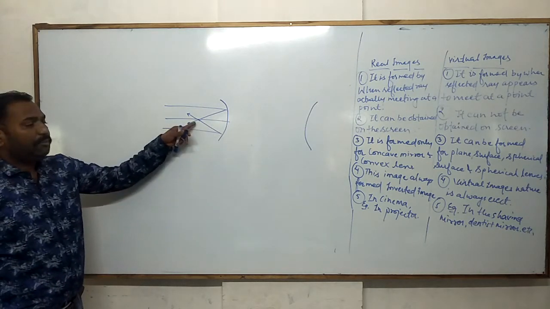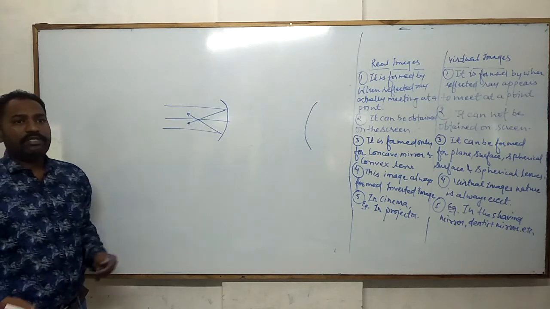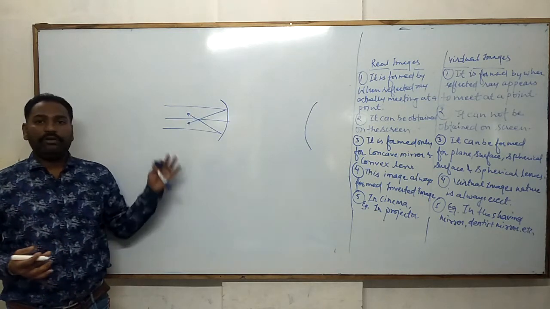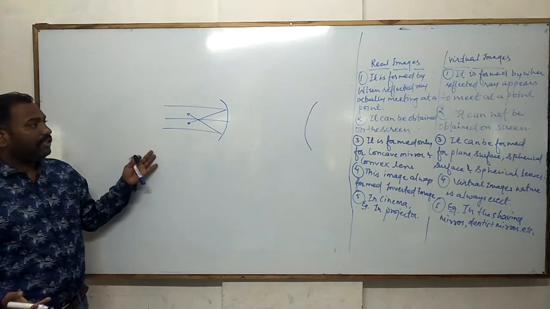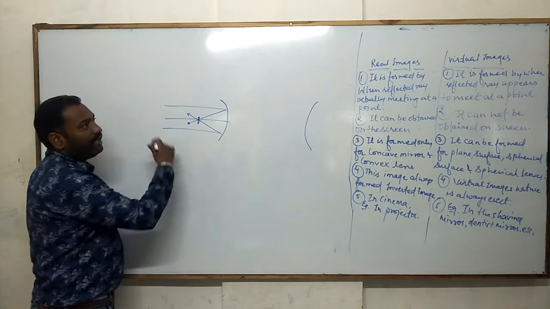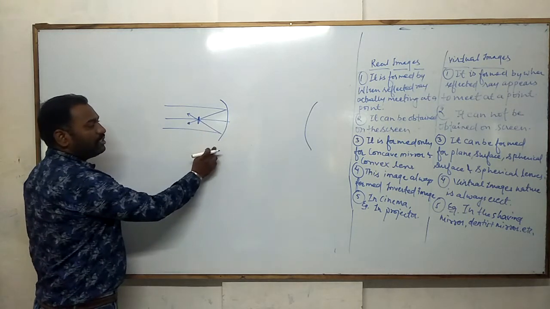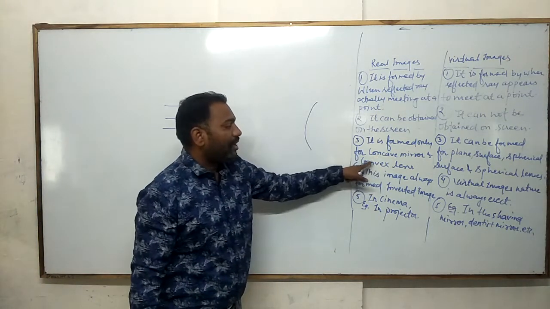Then it is a principal focus formation here, and this is known as a real image, because we can get this image on a screen, like a white screen or anything. So that is why it is a real image, and this is the concave mirror, and that is why we write concave mirror and convex lens.